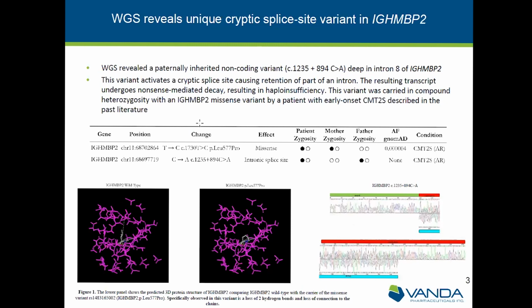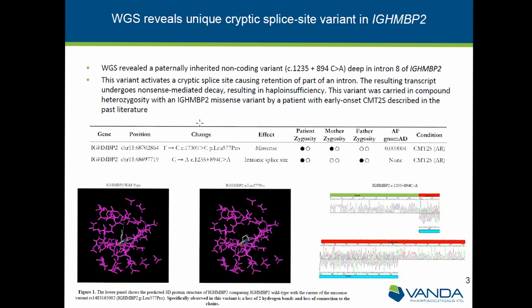This variant activates a cryptic splice site, causing retention of part of an intron. The resulting transcript undergoes nonsense-mediated decay and leads to haploinsufficiency. The variant was carried in a compound heterozygous state with the missense variant I told you about. If you take a look at the table, you can see the maternal variant, the paternal variant, and the compound heterozygous patient.